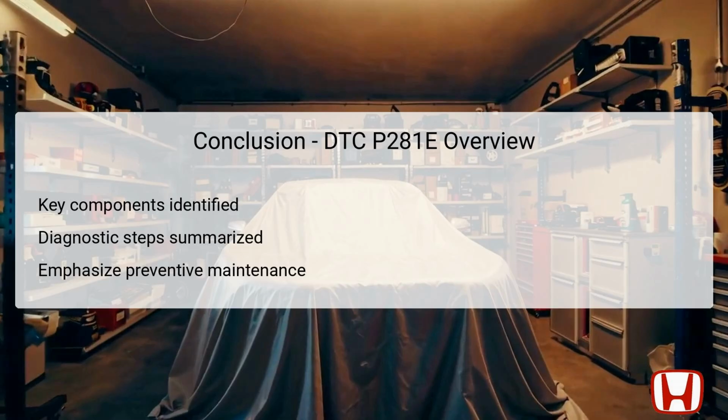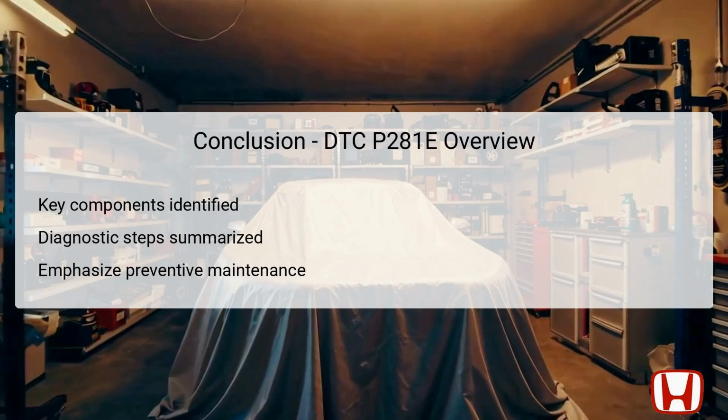In conclusion, DTC P281E pertains to the Shift Solenoid Valve OP control circuit high error in Honda Civic models from 2016 to 2021, primarily affecting transmission performance. We outlined the components, including the role of the shift solenoid and the TCM in managing fluid pump volume.